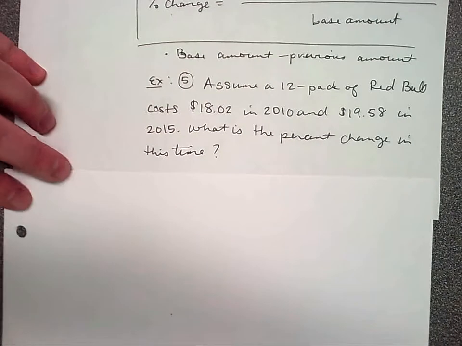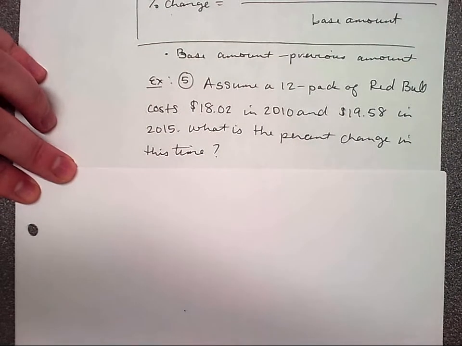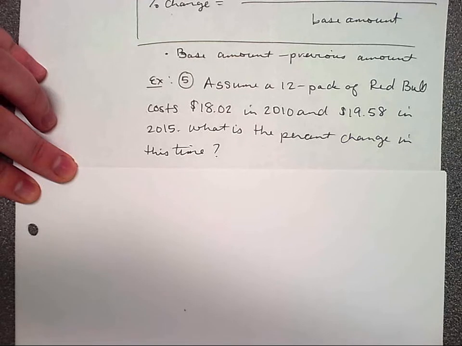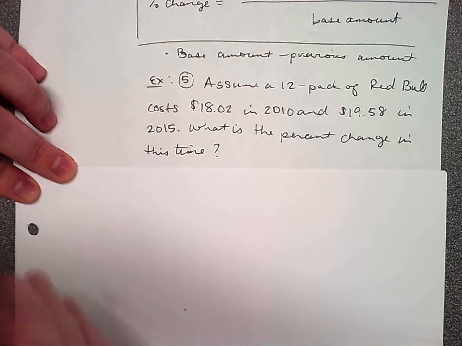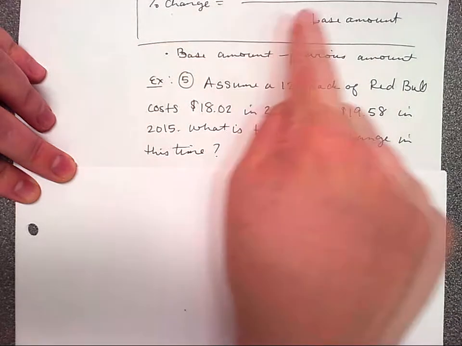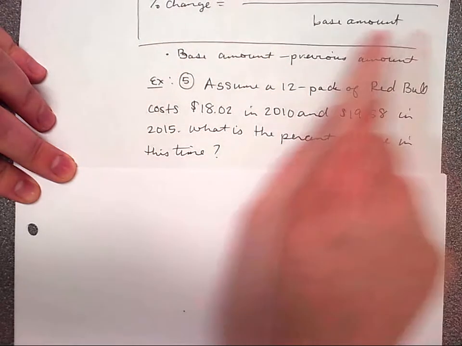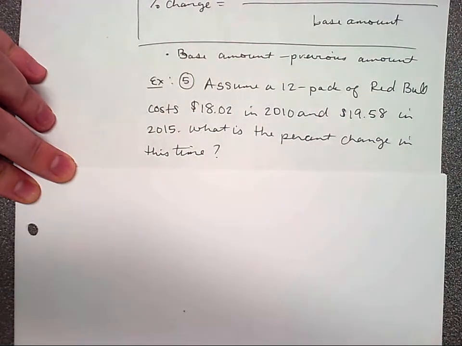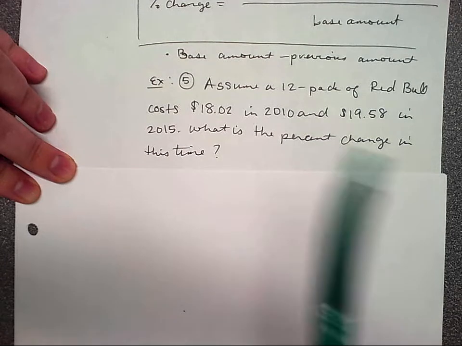Okay, so here's my question. I have a formula. People feel like they don't like word problems. But basically, when I go for my word problem, I need to read it and identify the parts of my formula, right? So from this formula, my question is, what is the percent change?